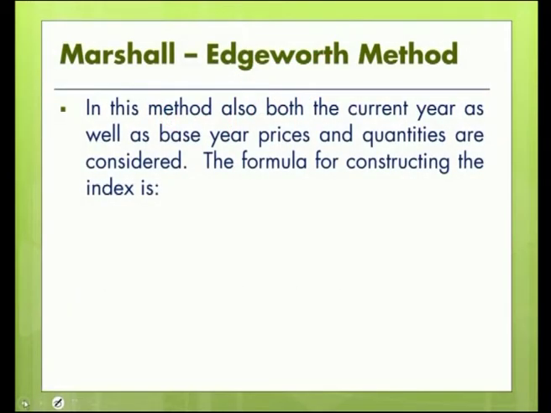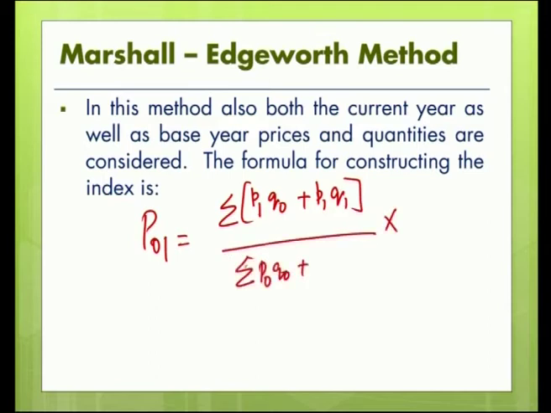Marshall-Edgeworth method. In this method also, both the current year as well as base year prices and quantities are considered. The formula for constructing the index is P01 is equal to summation P1 Q naught plus P1 Q1 divided by summation P0 Q naught plus summation P0 Q1 into 100.